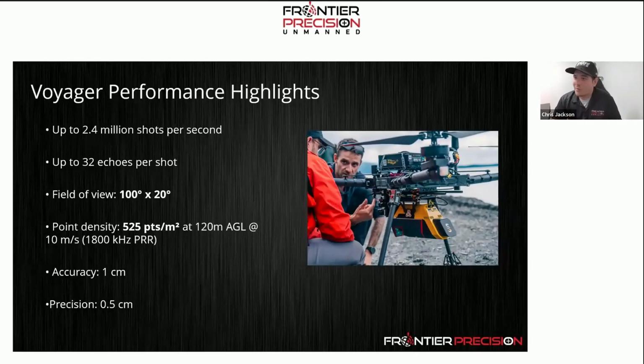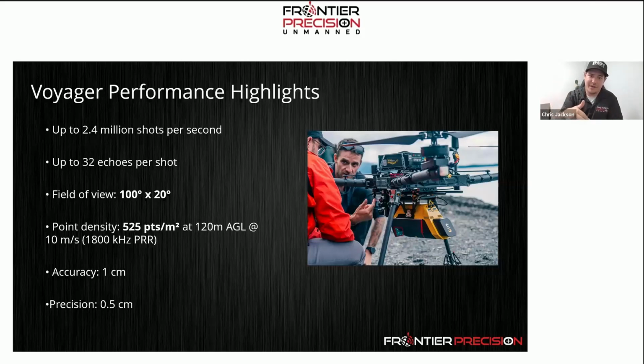So, some of the key performance highlights here. The Voyager is capable of sending out 2.4 million shots per second with 32 echoes per shot. If anybody here isn't super familiar with LiDAR, basically a laser pulse comes down, and those echoes determine how well you can penetrate through vegetation. If a system only has 3 echo returns and you're flying over a forest, you can hit a leaf, hit a branch, and that's all the data that you can send back to the ground.